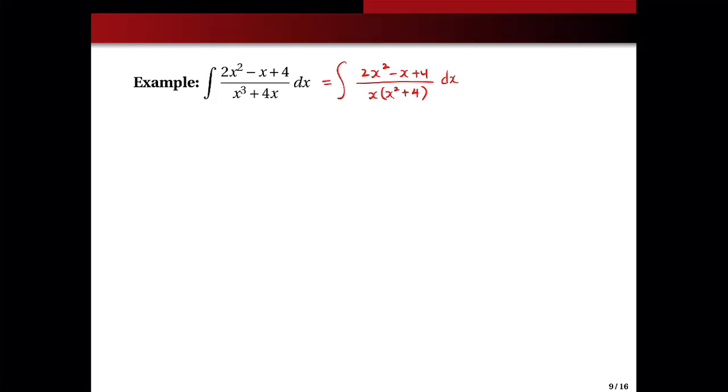So if we do partial fractions, we have 2x squared minus x plus 4 divided by x times x squared plus 4. For the linear factor x, it's just a constant over that linear factor. For the quadratic factor, your numerator must be linear, so bx plus c over x squared plus 4.